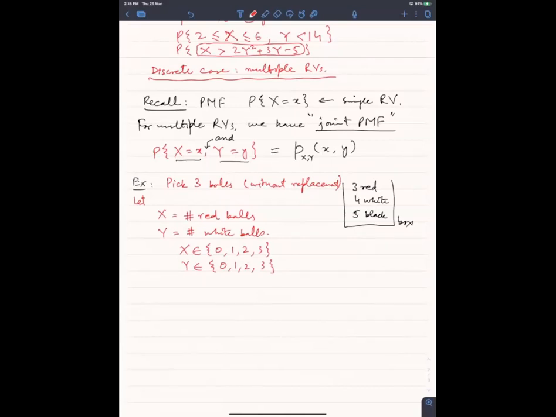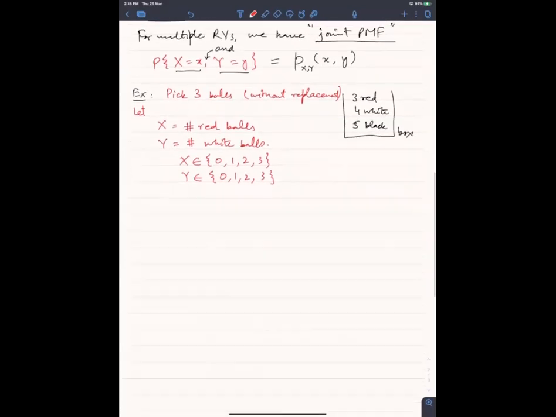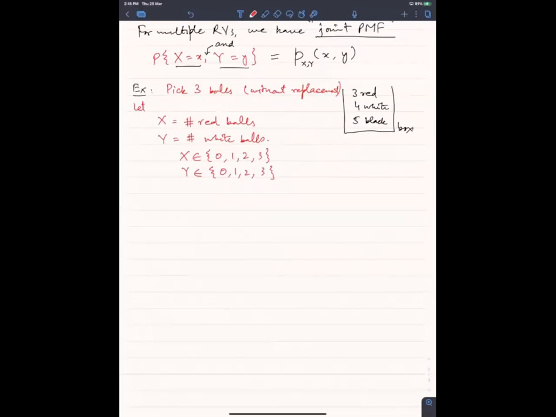Okay. Now, ये तो कोई, अगर मैं आपसे ये सवाल पूछूं, what is the probability x is equal to 0? You can probably answer that easily. What would be that probability?